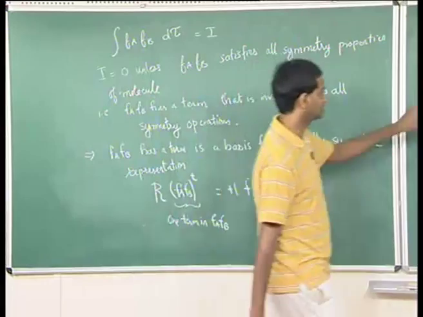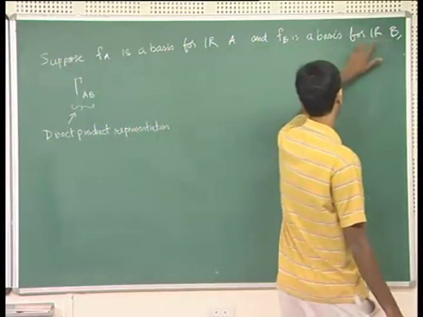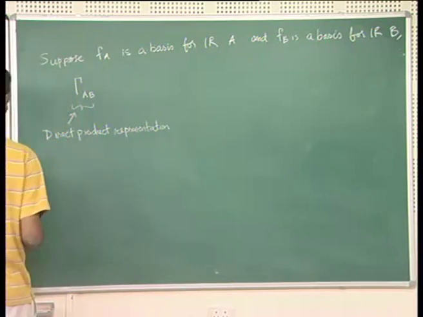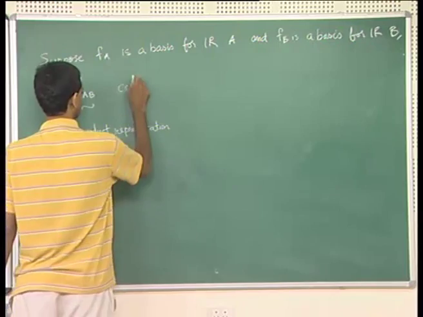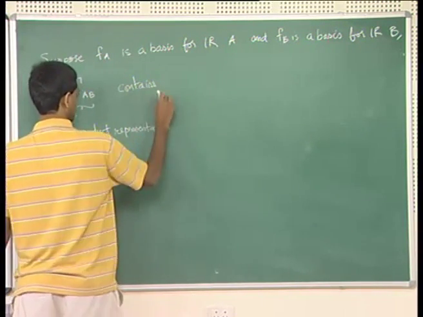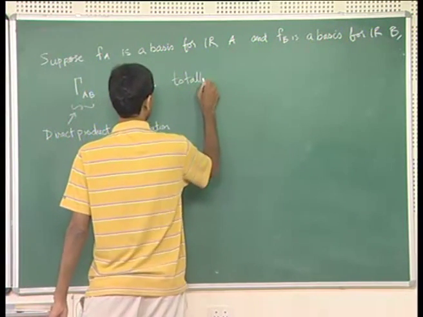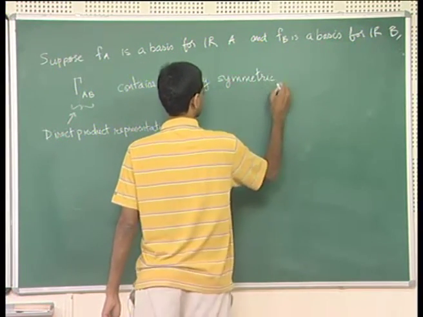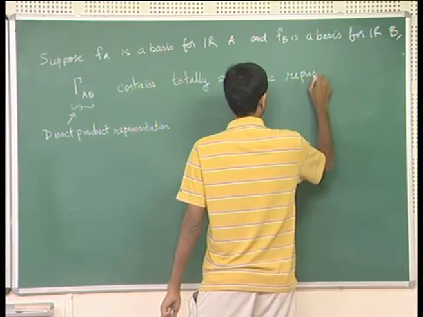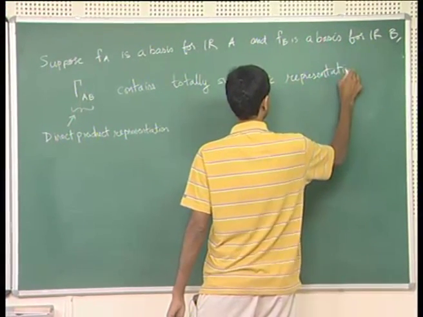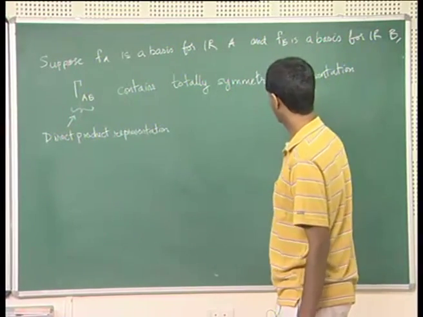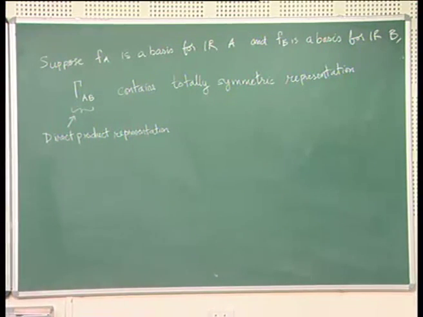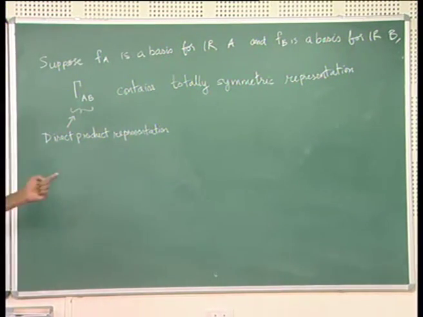So if f_a is a basis for irreducible representation A and f_b is a basis for irreducible representation B, then when does this direct product representation contain the totally symmetric representation?